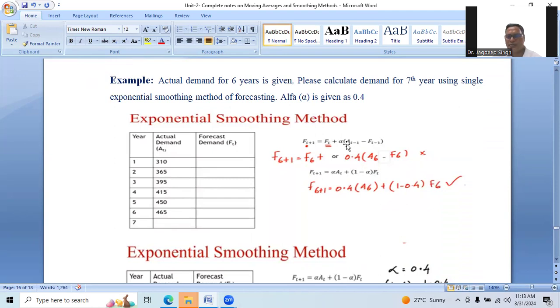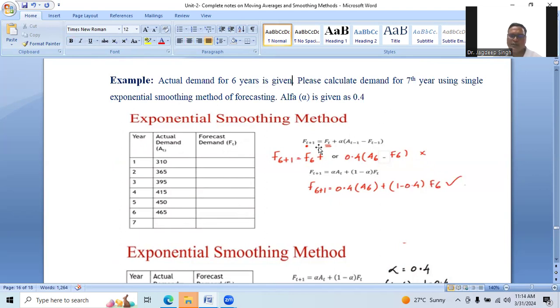Alpha is given to be 0.4. So here you can see for 6 years, the actual demand A(t) is given: 310, 365, 395, 415, 450, and 465. So we need to calculate the forecast demand, basically F(t).